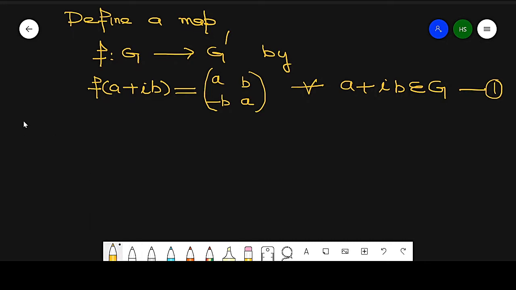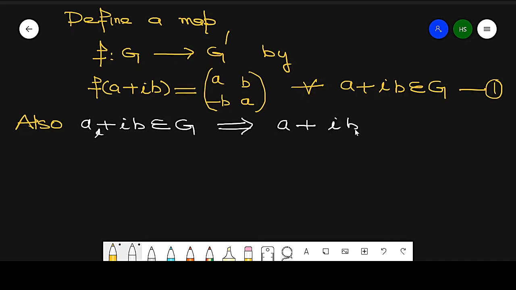Also, we know that A plus iota B belongs to G. It implies A plus iota B is non-zero. It implies either A is non-zero or B is non-zero.